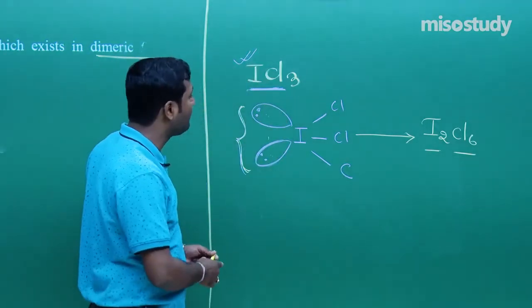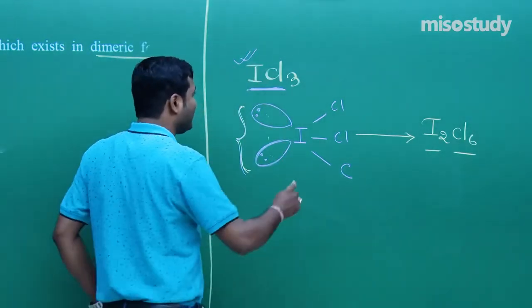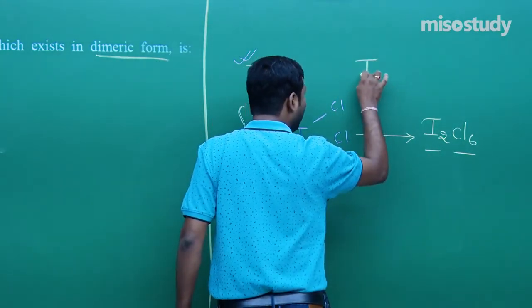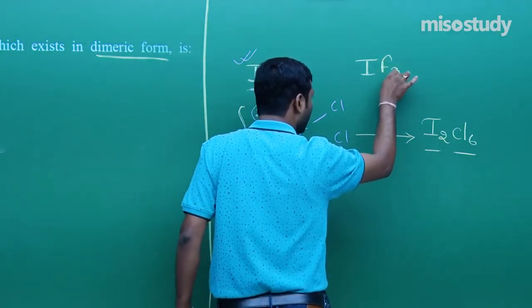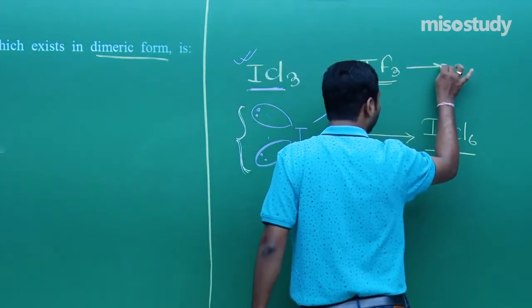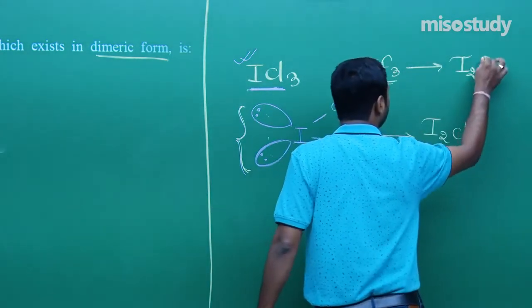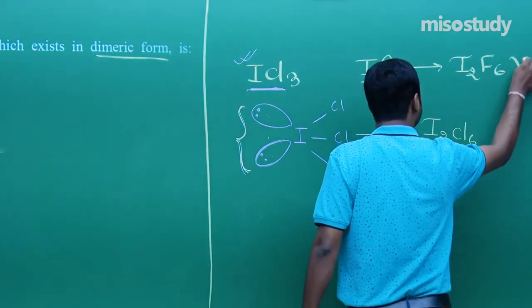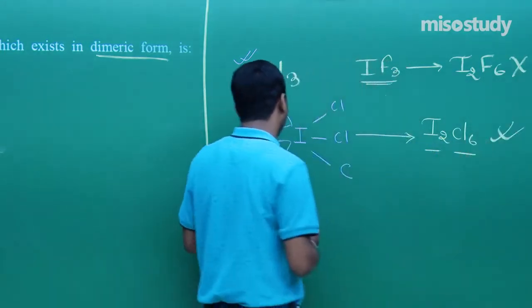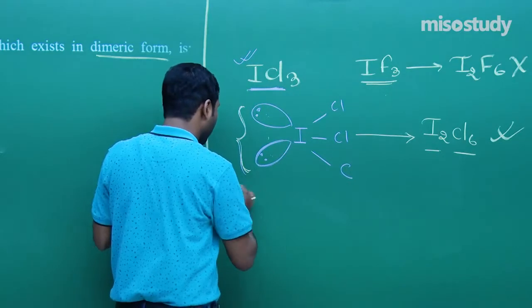This is one of the best questions. But IF3 does not exist in a dimeric form. It exists as IF3, not I2F6. Clear? This is possible. Why? And why dimeric form?